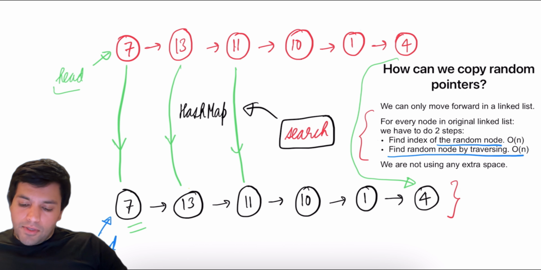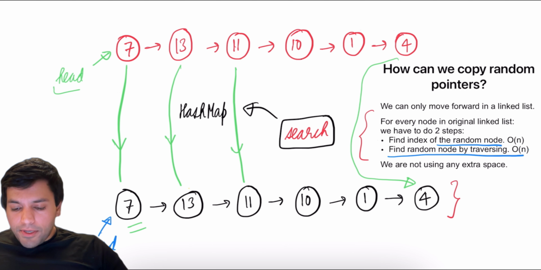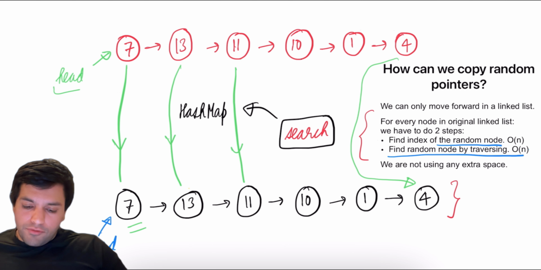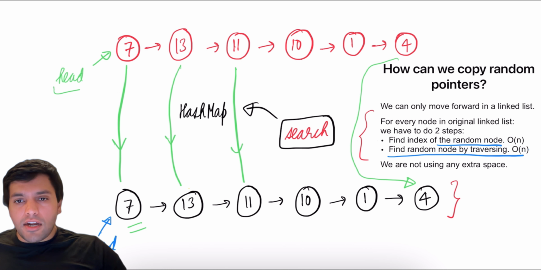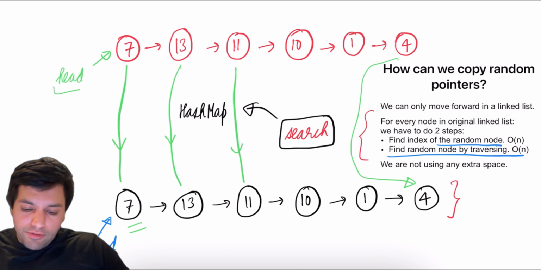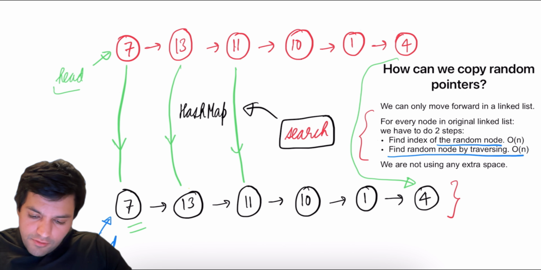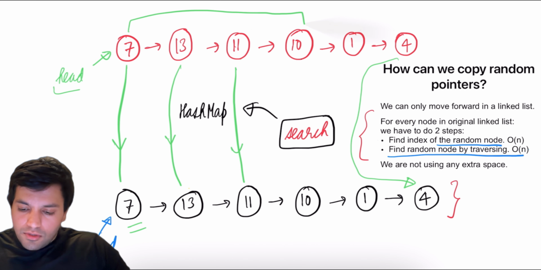This way, when we are done copying the next pointers, in our next O of n iteration we can copy the random pointers correctly. When we have to copy the random pointer of this node 7, let's say 7.random points to node 10.